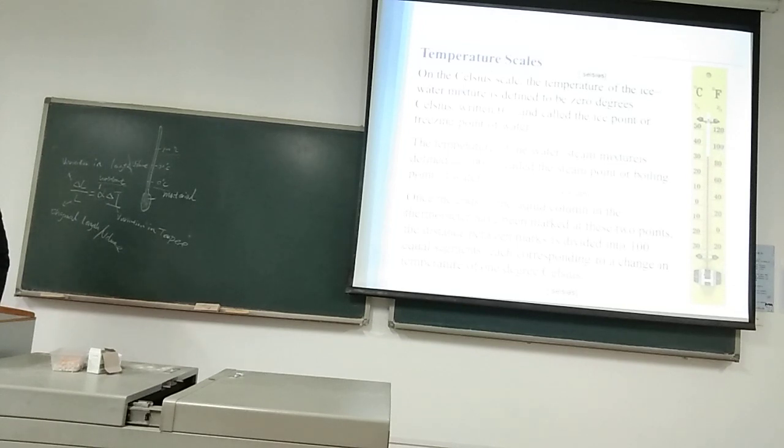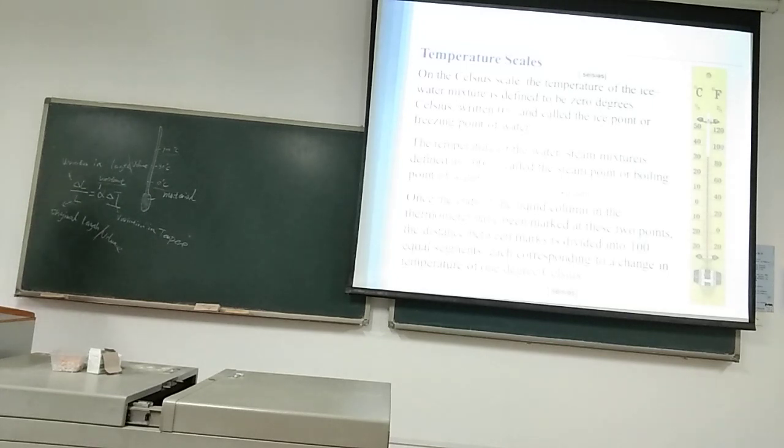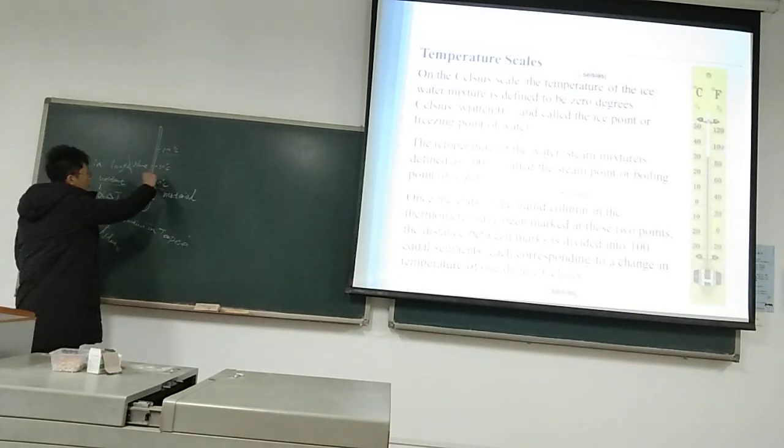Then, once the ends of the liquid volume in the thermometer have been marked at those two points, 0 centigrade and 100 centigrade, the distance between marks is divided into 100 equal segments, each corresponding to a change in temperature of 1 degree Celsius, or we can call it a change of 1 centigrade.